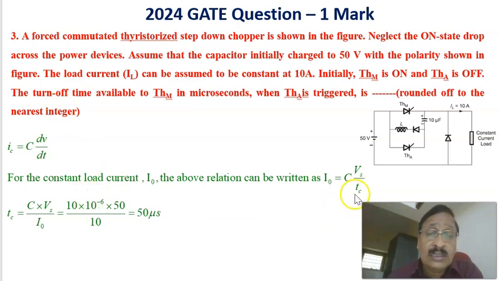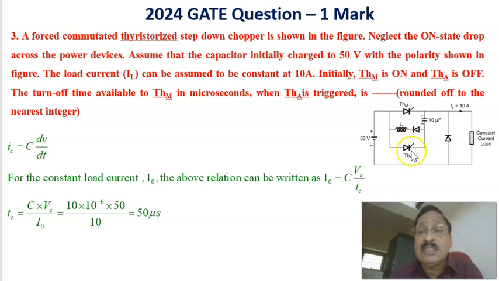So Tc equals C into Vs by I0. The capacitor is charged to the same as the supply voltage, 50 volt. So C is 10 into 10 raised to minus 6, 10 microfarad, into 50, divided by the load current, 10 amperes, which equals 50 microsecond. This is the turn off time of the main thyristor.